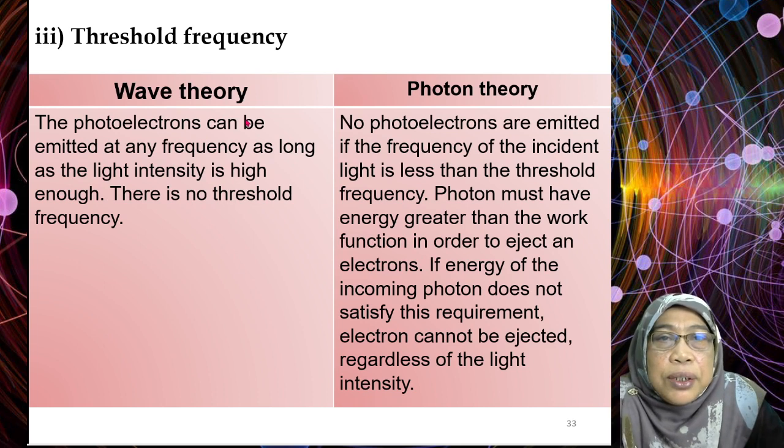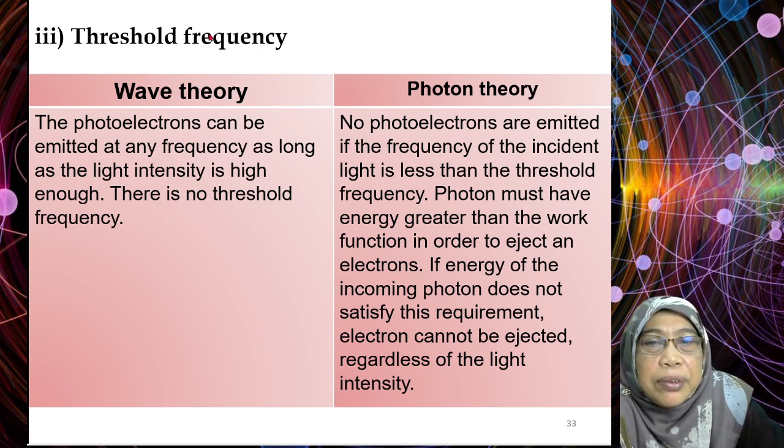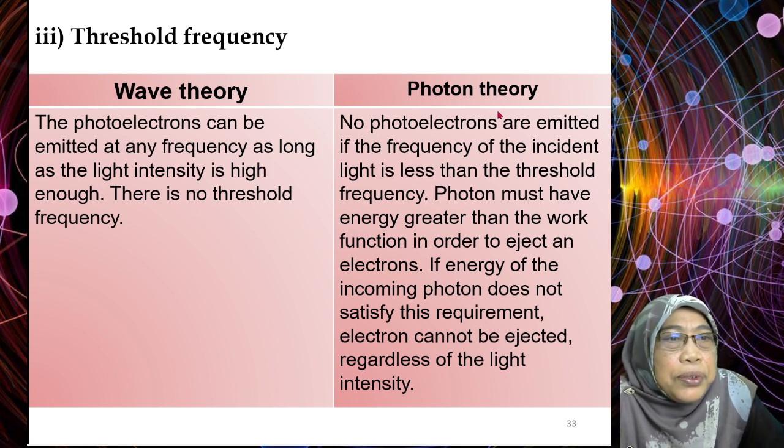In terms of threshold frequency, wave theory said the photoelectron can be emitted at any frequency as long as the light intensity is high enough. There is no threshold frequency. But for photon theory, no photoelectrons are emitted if the frequency of the incident light is less than the threshold frequency.